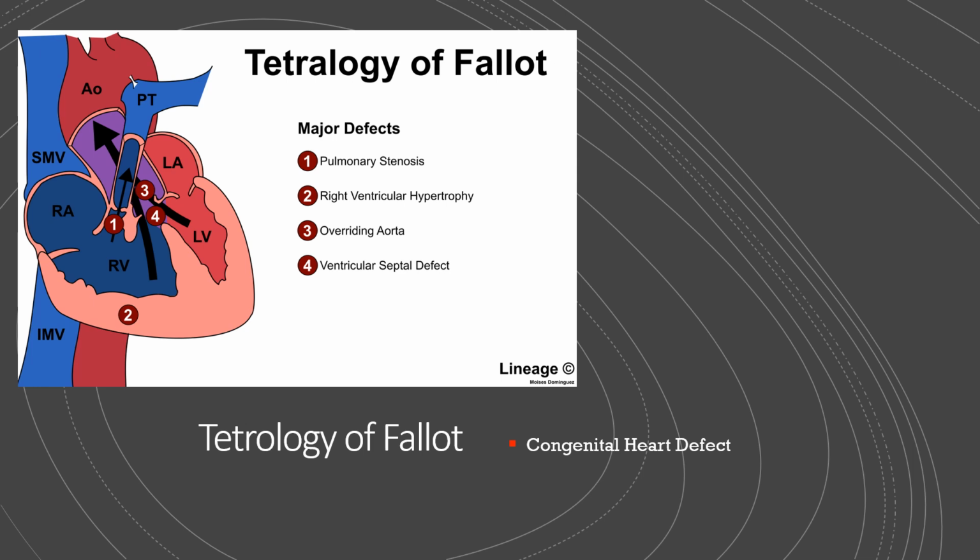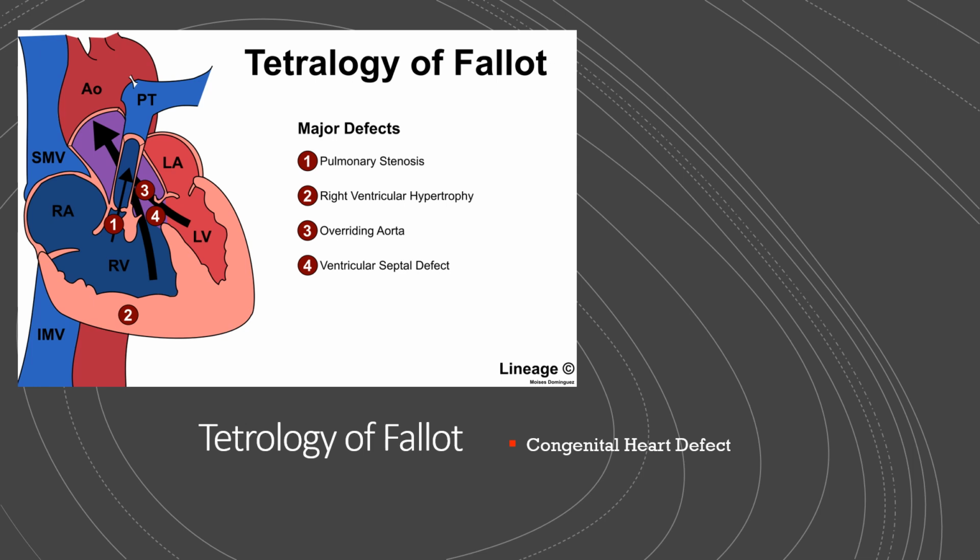And then you have an overriding aortic arch. In the third defect, you have an arch that overrides both the right and left ventricle. And you also have a VSD, or ventricular septal defect, as you see in number 4.